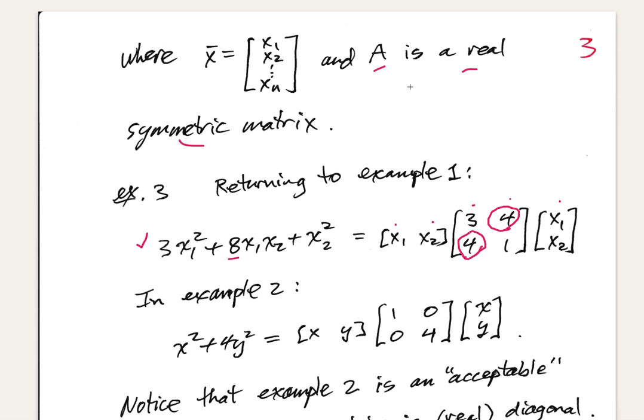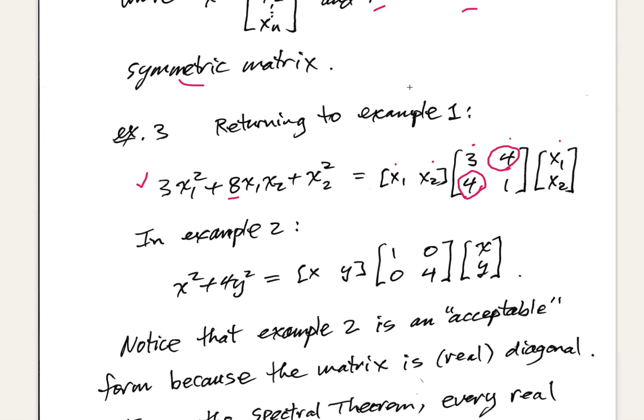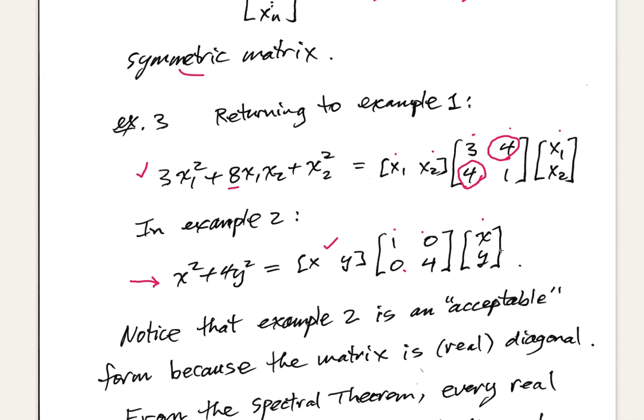In example 2, we said this was an acceptable form, because there's no xy term. It's only dealing with squares of variables. x squared plus 4y squared, that was our second example, could be written this way: x, y as a row vector times 1, 0, 0, 4, times x, y as a column vector. Notice why this is acceptable.